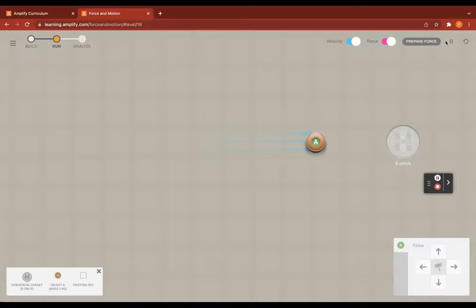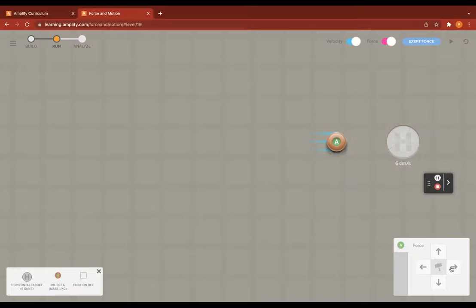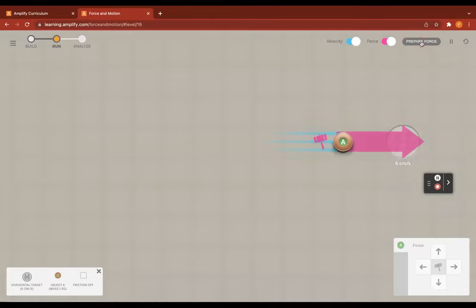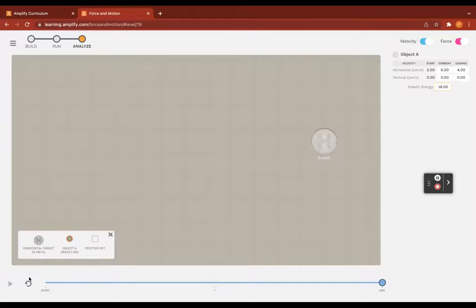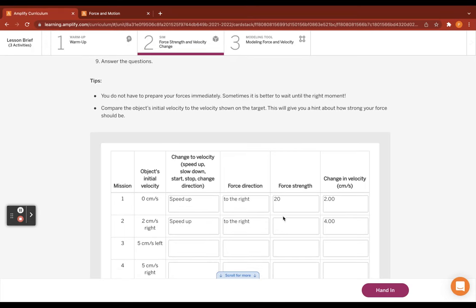Let's run it. 4 clicks. Let's find out my force strength. It is 40 on that pink arrow.